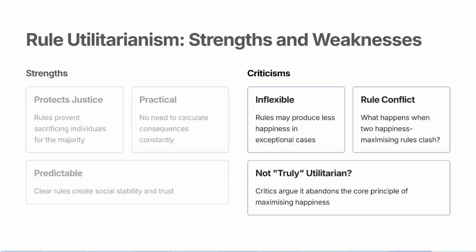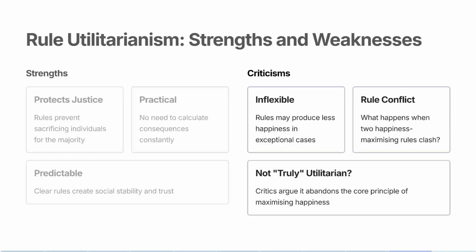If rule A is contrary to rule B, and both of them can bring about maximal happiness to some extent in society later on, you now have a rule clash. Which rule do you break? And if you're not allowed to break a rule, well, there's a contradiction there.